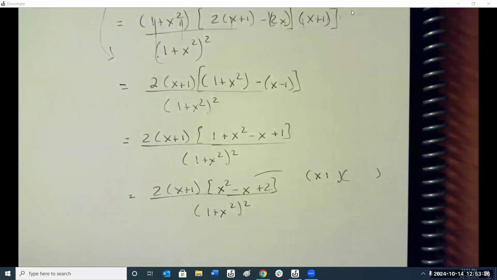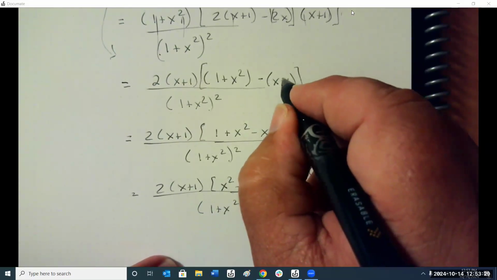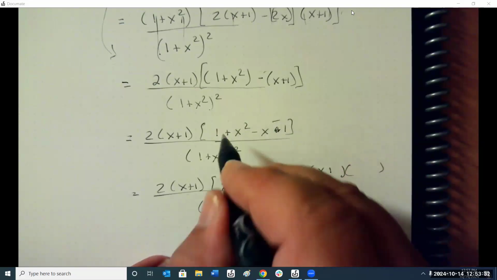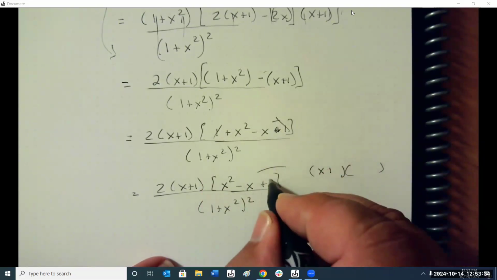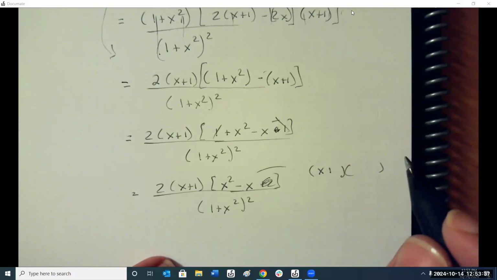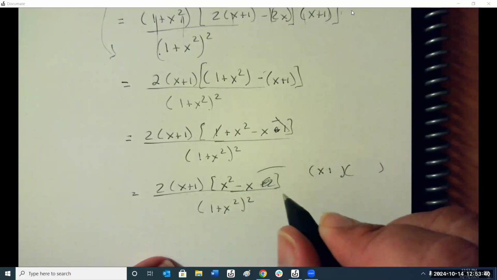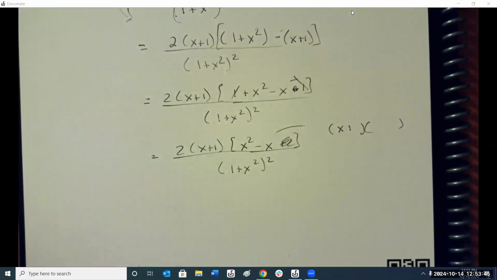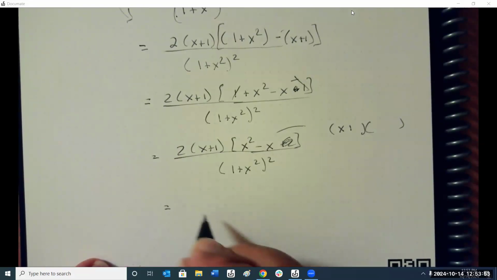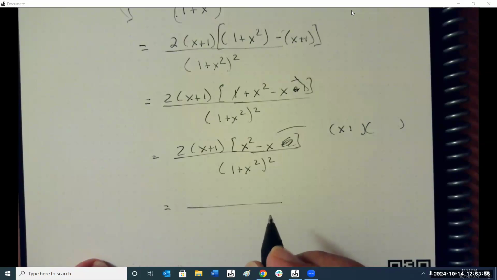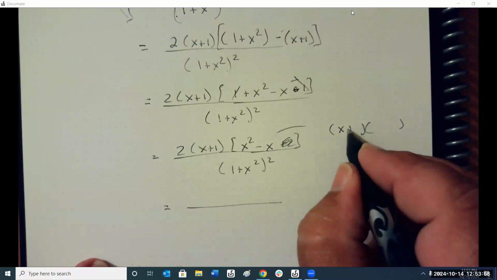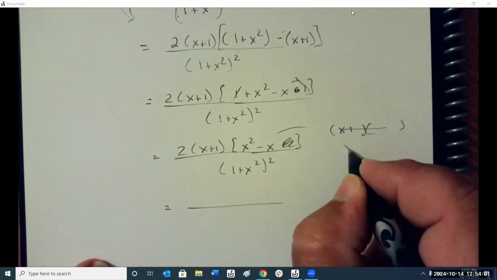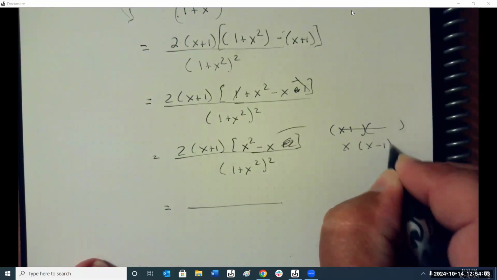It should be x plus 1, but distribution becomes a minus. So the ones cancel, and we have x squared minus x, which becomes x times x minus 1.